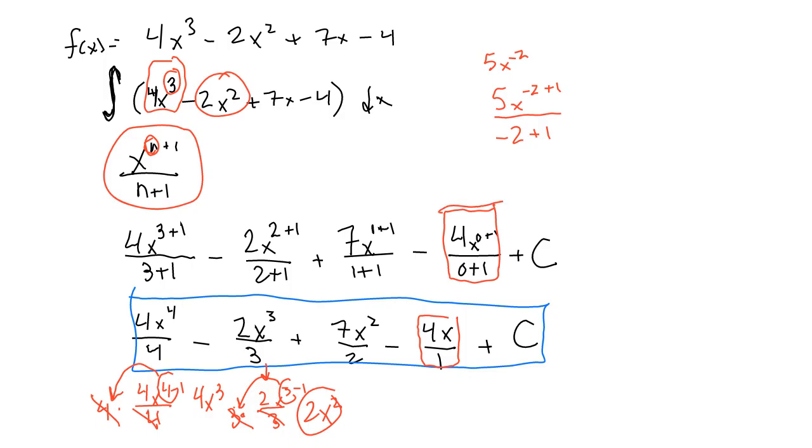Oh yeah, this second one I just boxed right here? Yeah, because in the original equation, it didn't have an x. Right. So whenever you see a number by itself, technically that is the variable to the 0 power, because this just equals 1. This is saying we have 3 x's here, 2 x's here, 1 x here, and then we have no x's, so we have 0 x's here.